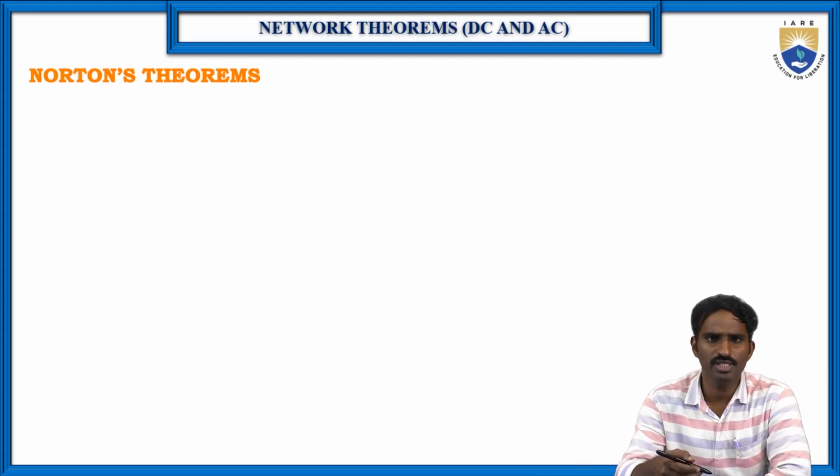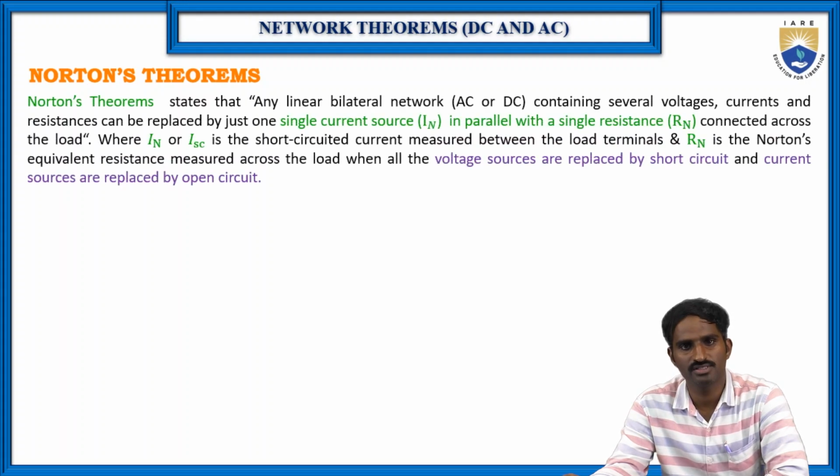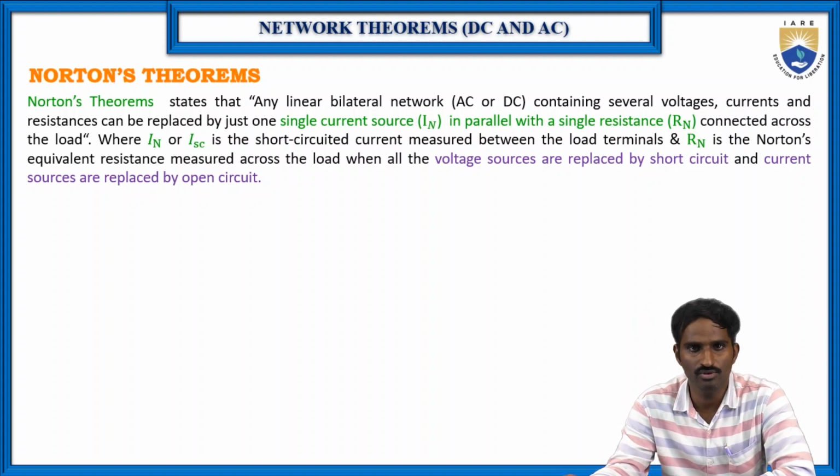Which is something similar to the Thevenin's theorem. If we understood the procedure for the Thevenin's theorem, then it is very easy to understand the procedure for the Norton's theorem. Okay, so the only difference is, here also we will replace the given circuit with an equivalent circuit, but that circuit is called the Norton's equivalent circuit.